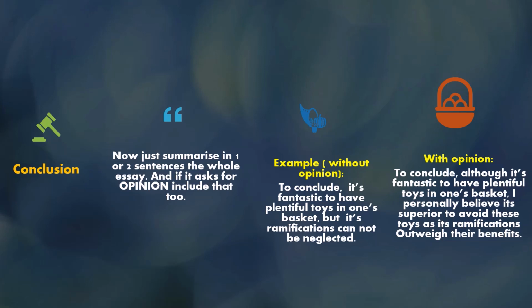So I am saying that though it is good, the drawbacks, the ramifications are much higher than the merits. So when they are asking your opinion, include one more line or make it a complex long statement, compound complex statement. If they have not asked your opinion, just this complex or compound statement will be more than enough. So this is our basic structure for advantage disadvantage type.